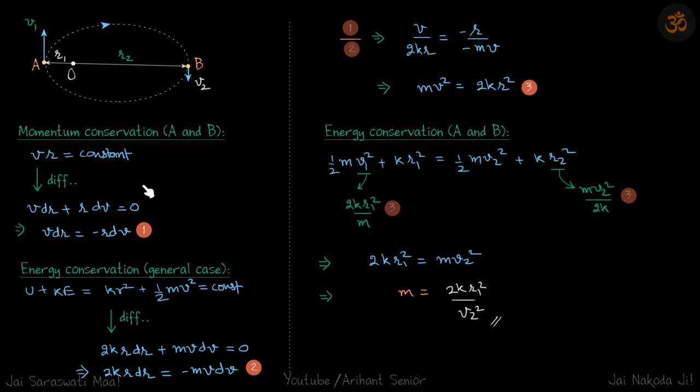You might be wondering why we differentiated both of them and did not just write v1 r1 is equal to v2 r2 and k r1 square plus half mv1 square is equal to k r2 square plus half mv2 square. We did not do that because that way we will have 4 variables, v1, r1, v2 and r2, and only 2 equations.